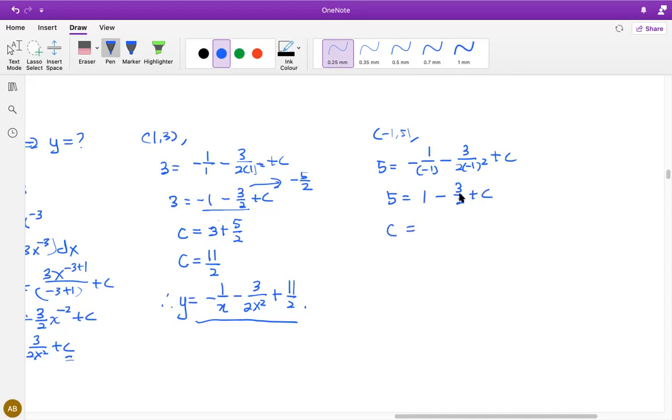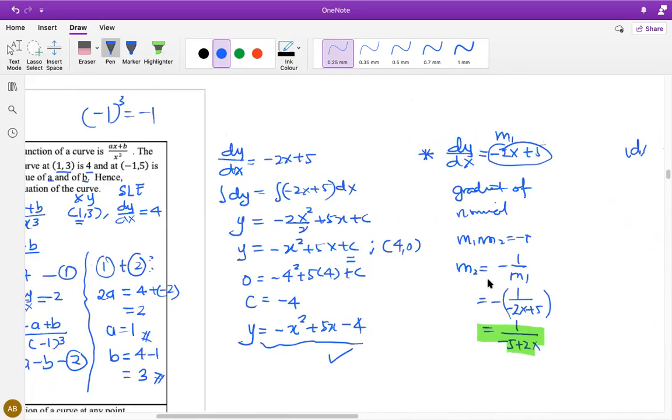This part is 1 minus 3 over 2, so it's 2 over 2 minus 3 over 2, which is negative 1 over 2. So you move, you get 5 plus 1 over 2, which is 2 times 5, 10, 10 plus 1, 11 over 2. So you get the same answer: y equals negative 1 over x minus 3 over 2x squared plus 11 over 2. So this is your answer for question D.